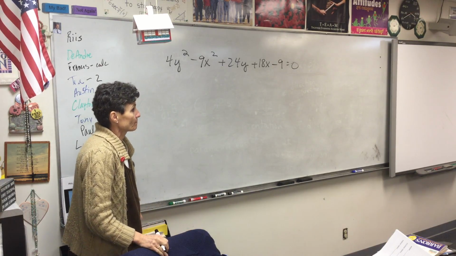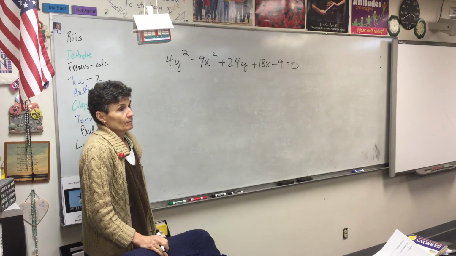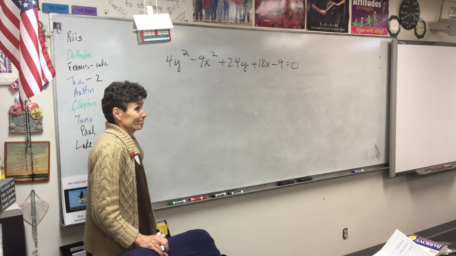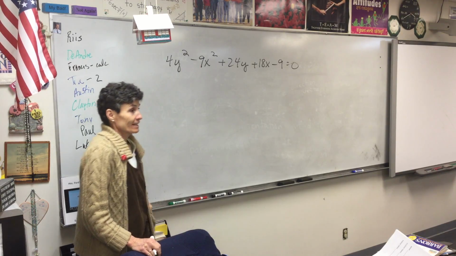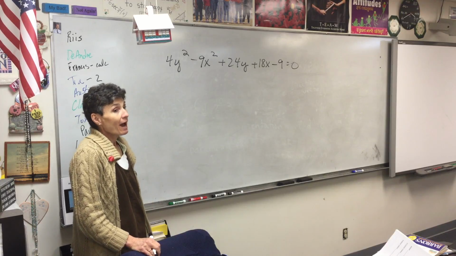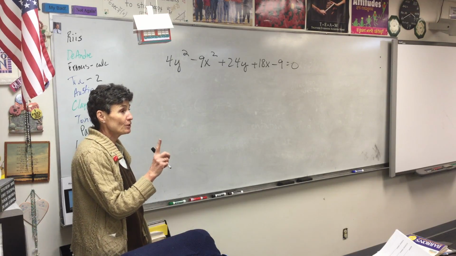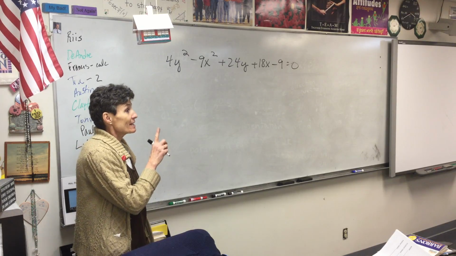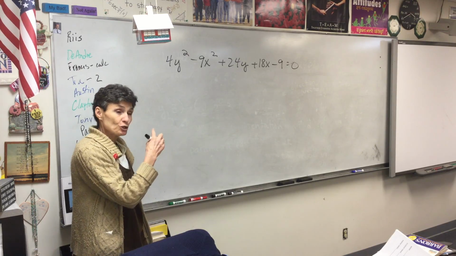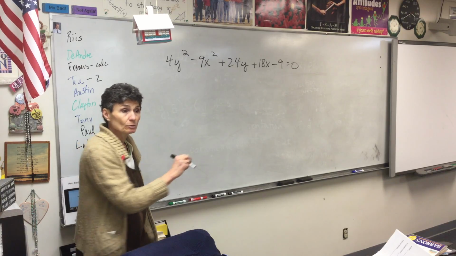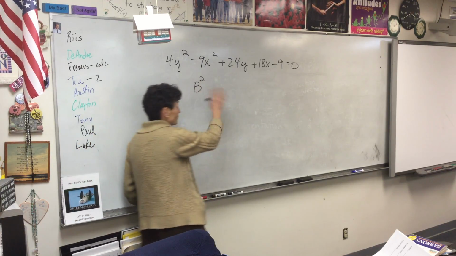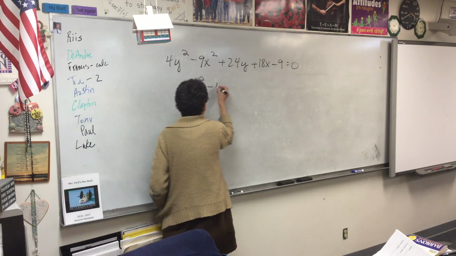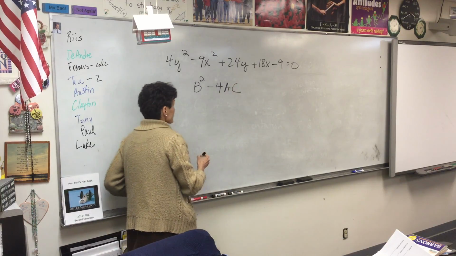What is this? It's a hyperbola. Now, if you get confused, did we talk about the rotations the other day? Yes. So if you get confused, you can do your discriminant. B squared minus 4AC. There's no xy in here, so I know this is a hyperbola, but if you forget, you can do this.